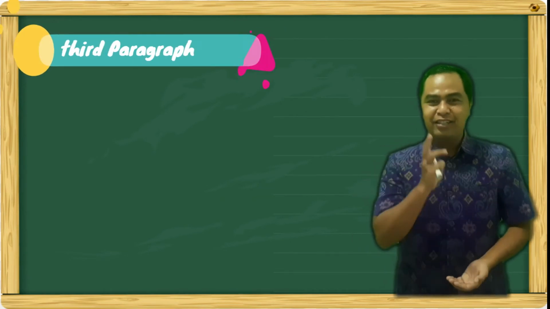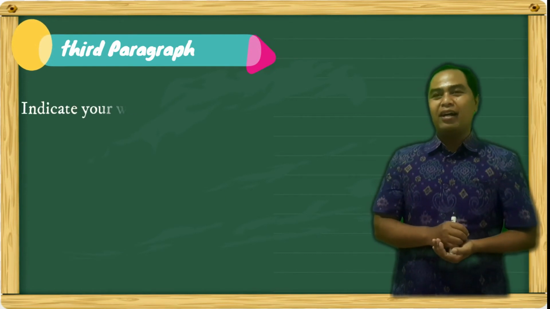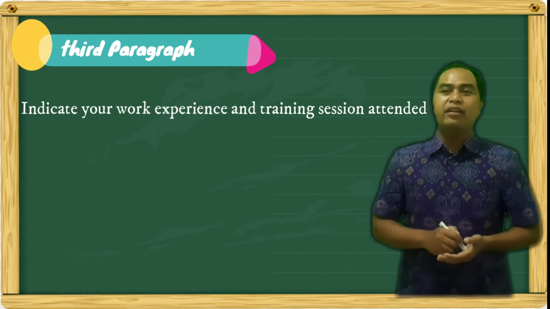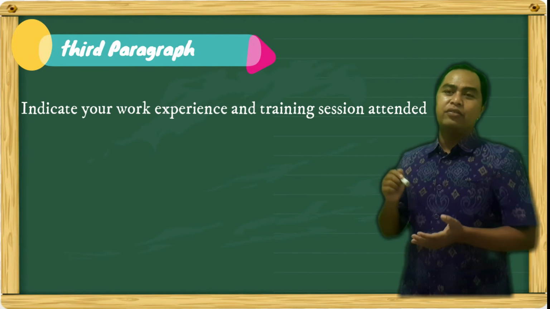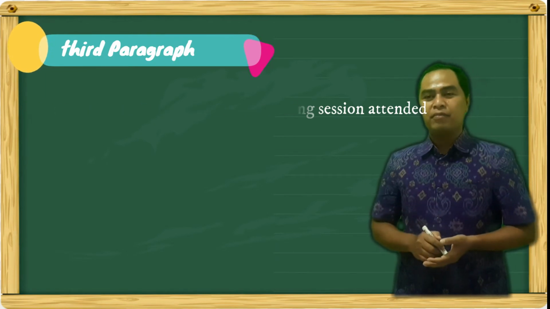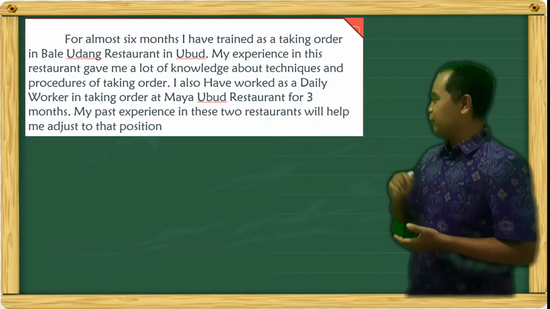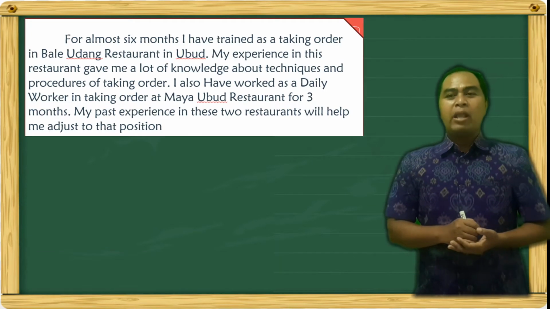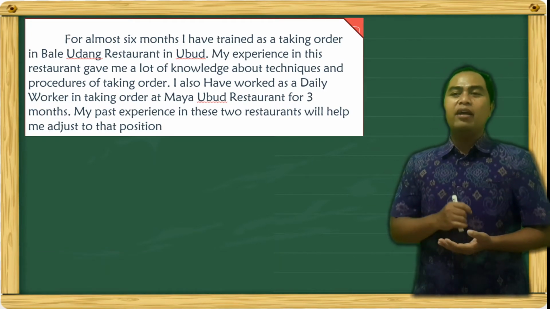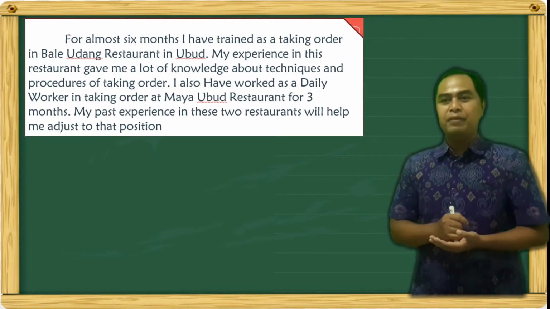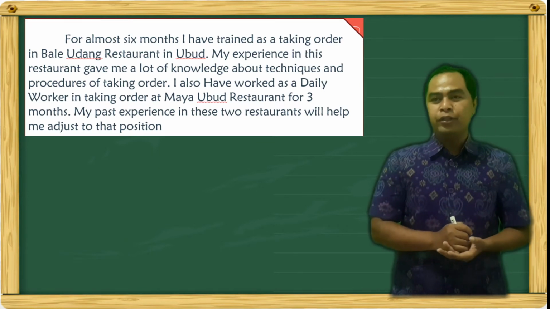Now we go to the third paragraph. In the third paragraph, you must indicate your work experience and training sessions attended. For example, look at this: For almost 6 months, I have trained as an order taker at Balai Udang restaurant in Ubud.